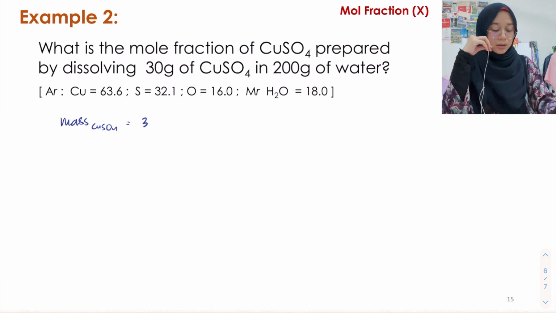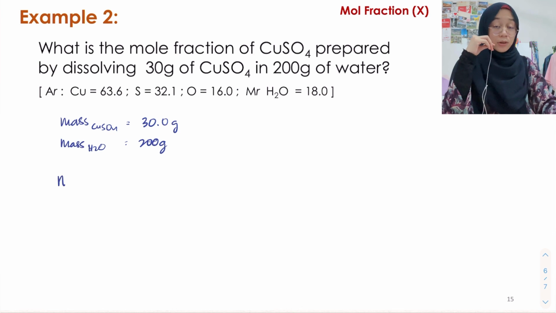So mass copper sulfate given to you is 30 gram, and the mass of water is equals to 200 gram. Okay, so you have to look for the mole for both your solute and also your solvent. So mole untuk CuSO4 is mass divided by molar mass.